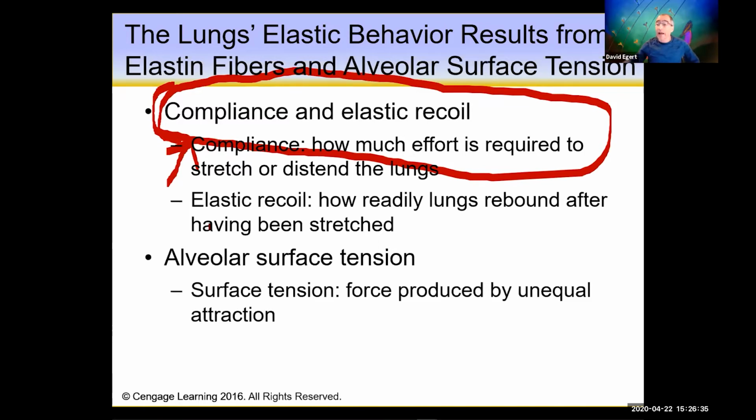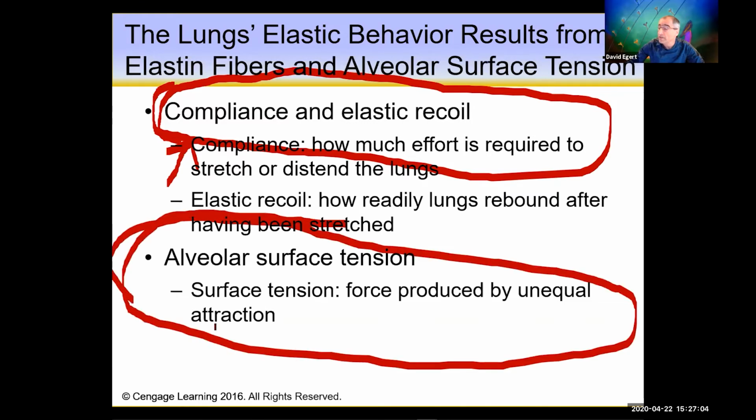Getting all the carbon dioxide out is going to be trickier. As long as this compliance is good, when you just relax, the lungs deflate and you clear out the stale air and you don't have a buildup of CO2, which we saw last time means you're not going to feel like, oh, I got to breathe. But it doesn't necessarily mean that you've got enough oxygen. So we'll get back to that in a second.